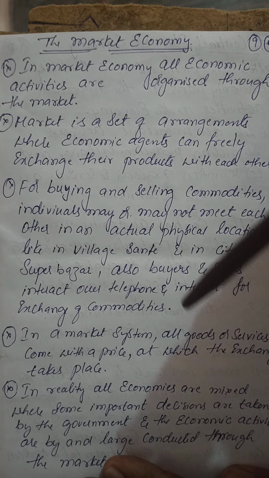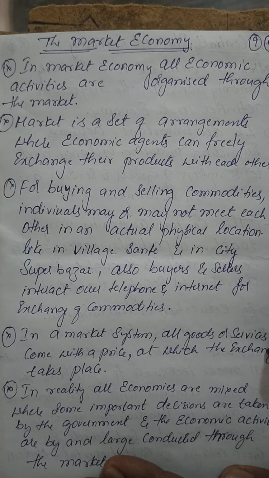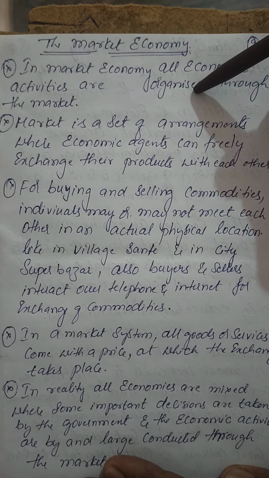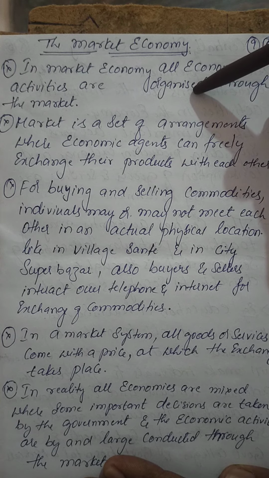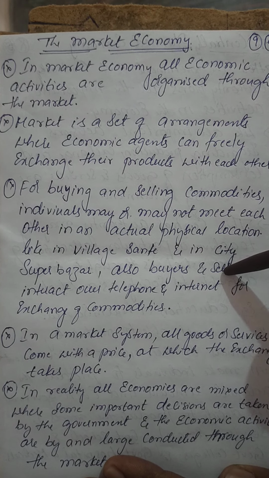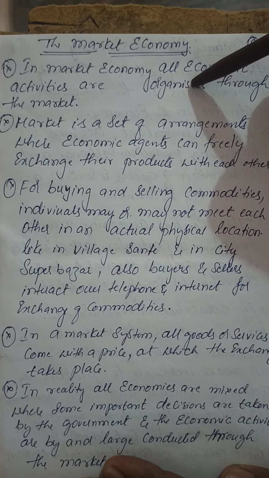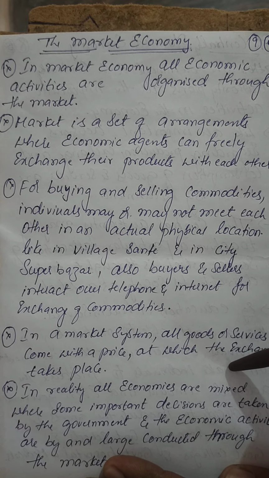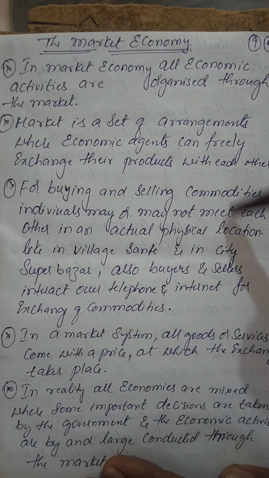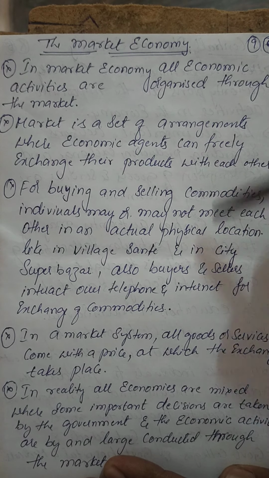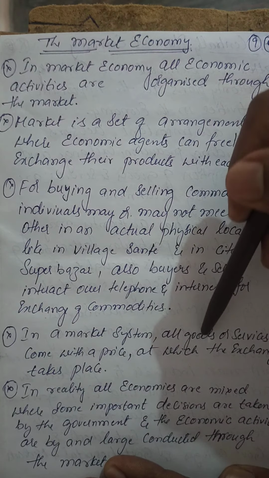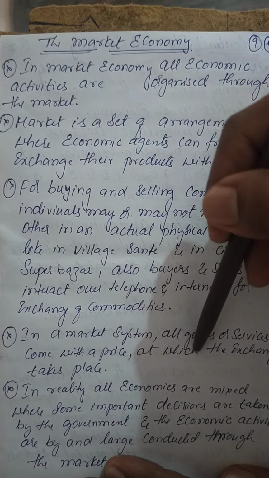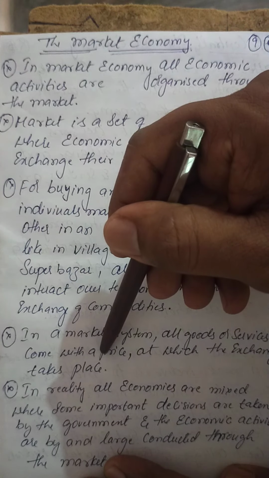You have a number of producers, from Samsung to iPhone, differentiated in their production levels. Producers producing their own technology-based products price them, and they are ready to give services also for a price. So in the market system, all goods and services come with a price at which the exchanges take place.